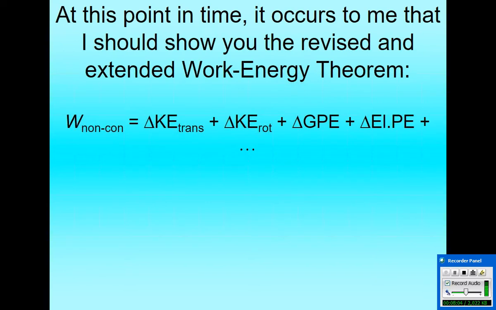So with that specific distinction made, our revised work energy theorem can be written as the work done by non-conservative forces equals the change in the translational kinetic energy plus the change in the rotational kinetic energy plus the change in gravitational potential energy plus the change in elastic potential energy.